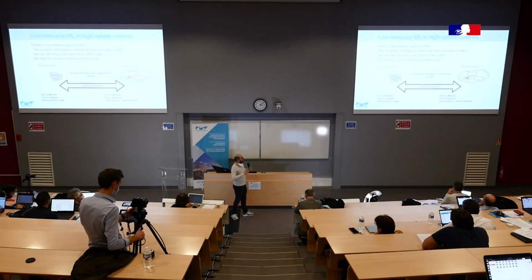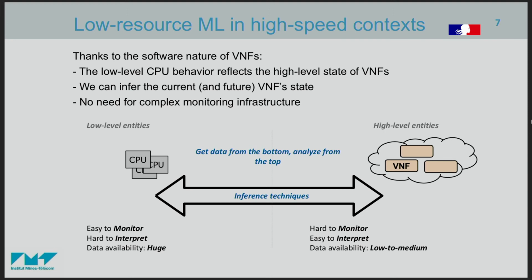Now the context is that we can try to exploit the software nature of these novel systems to detect new correlations between what's available for us in terms of data, and what is interesting for us in terms of the behavior of the system.